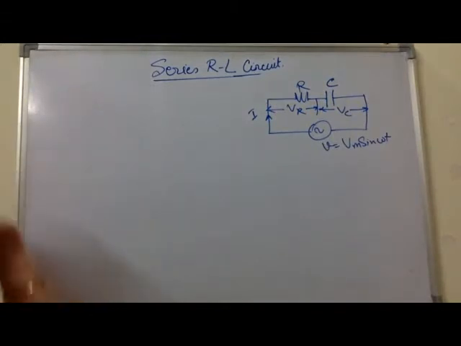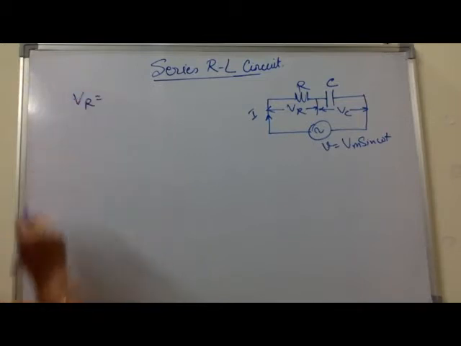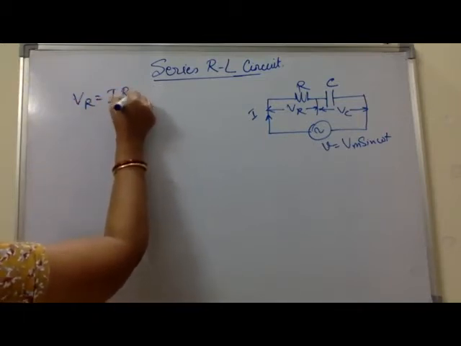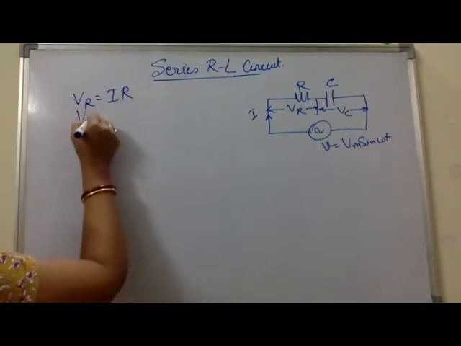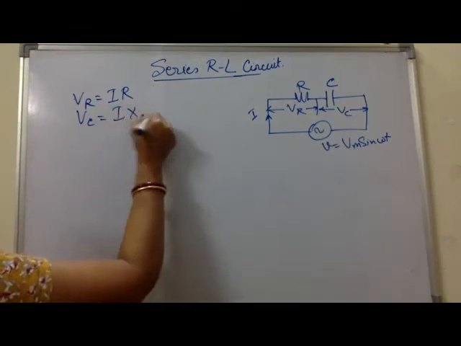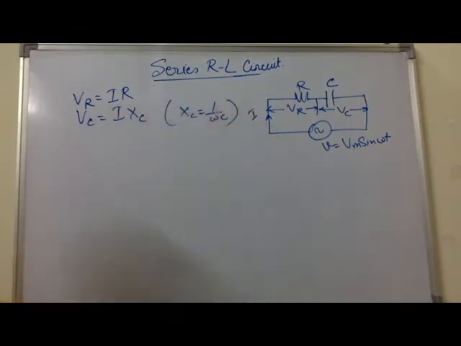Now again, we can start off with the individual voltages. VR is the voltage drop across the resistor, which will be given as I into R. The voltage across the capacitor is VC, which is equal to I into XC, where XC is equal to 1 by omega C or 1 by 2 pi FC.